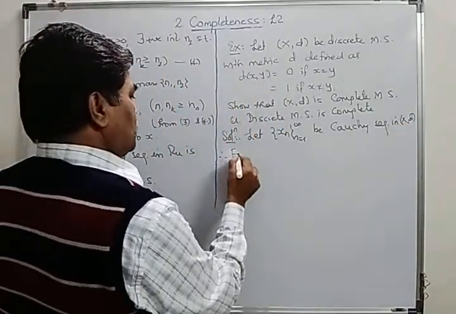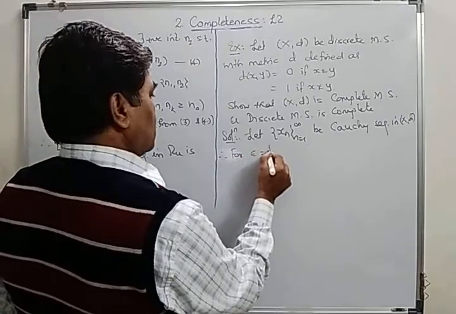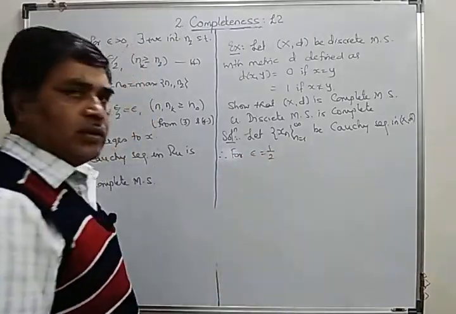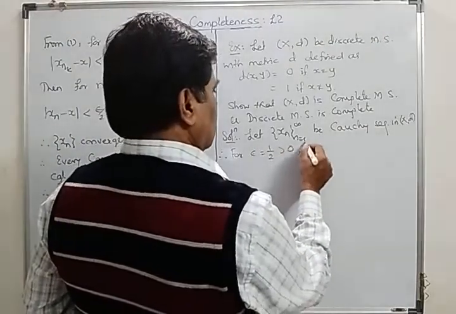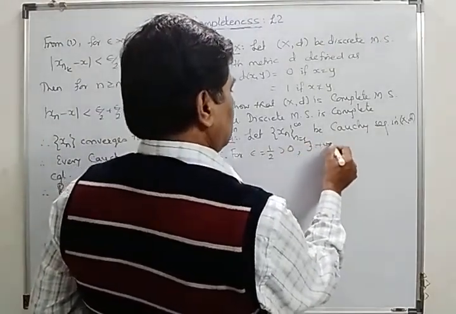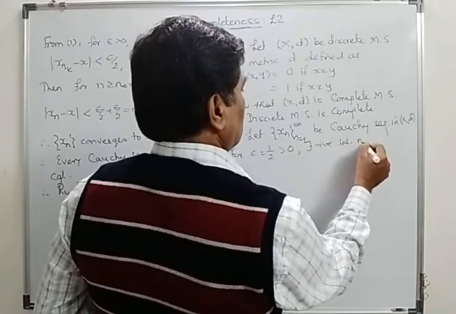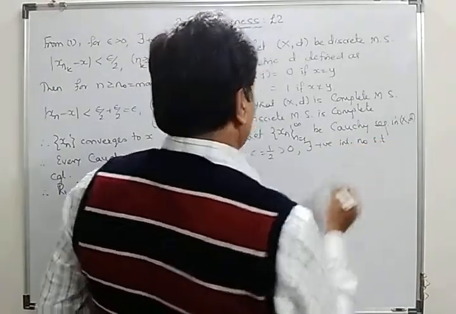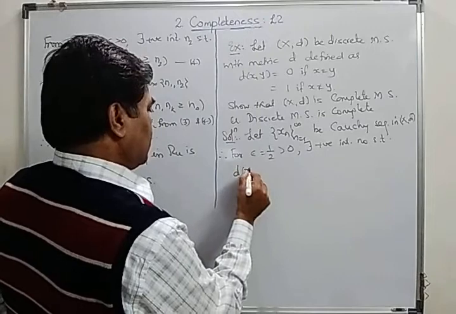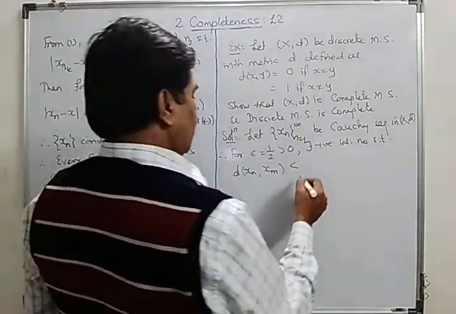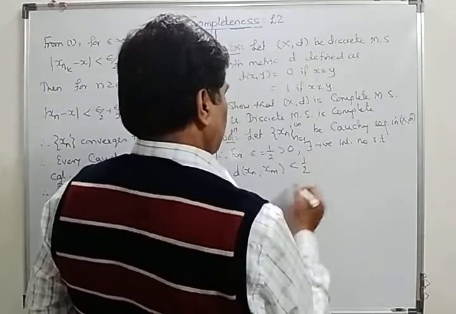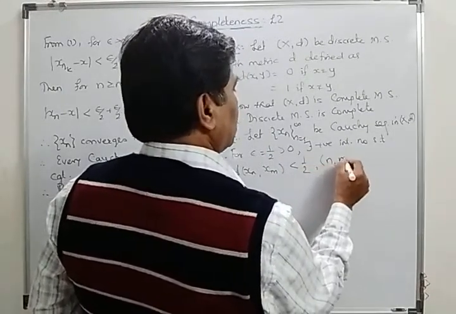Therefore, for epsilon equal to half, there exists a positive integer n0 such that d(x_n, x_m) is less than half for any m, n greater than or equal to n0.